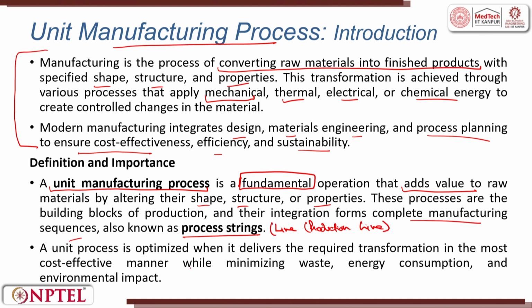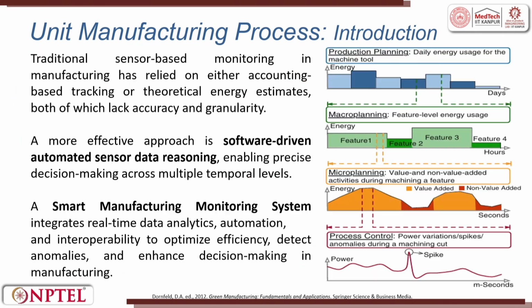A unit process is optimized when it delivers the required transformation in the most cost-effective manner while minimizing waste, energy consumption, and environmental impact. So the unit manufacturing process is the building block. If you work upon one block and it saves energy, and this is replicated for the construction of a complete building, the whole building would have the equivalent percentage saving in terms of emissions, solid, water, etc. To do this, we need certain sensor-based technology systems.